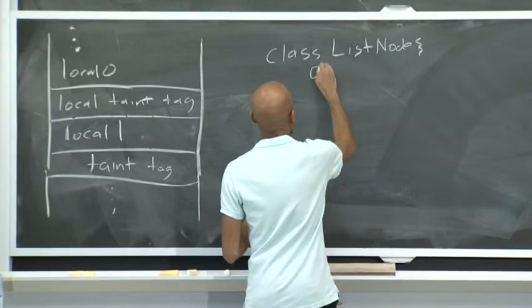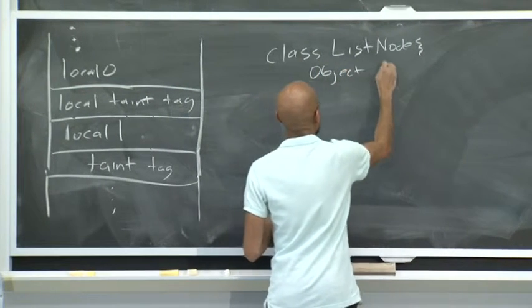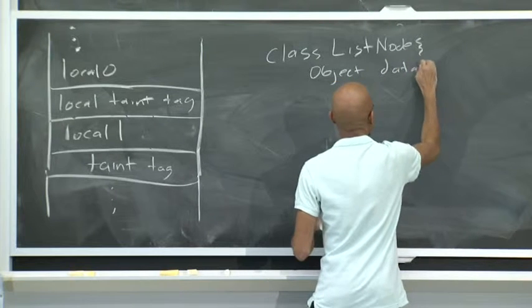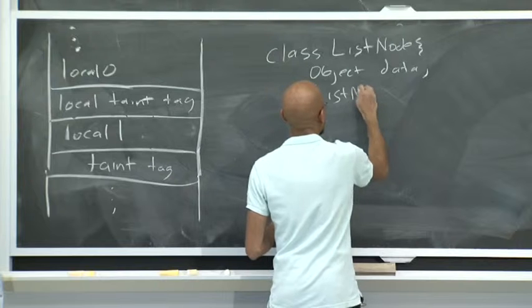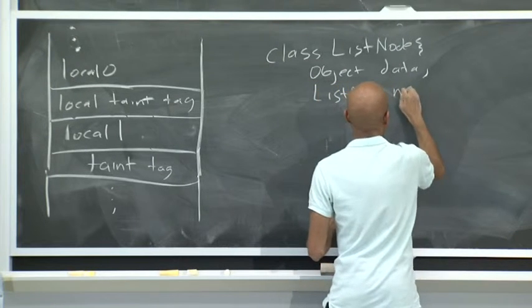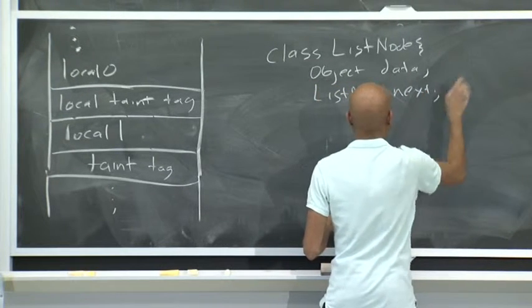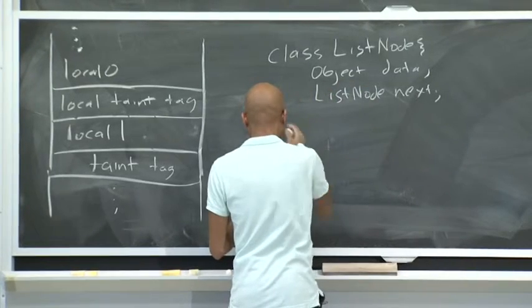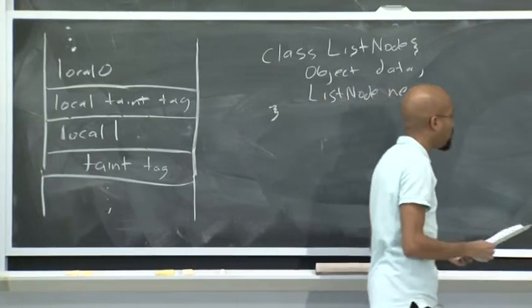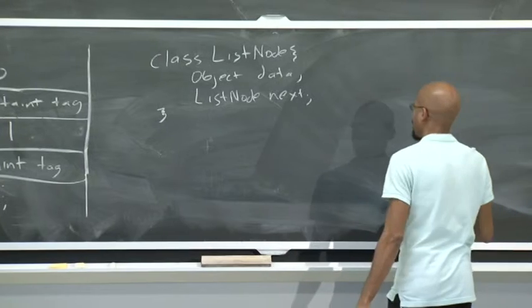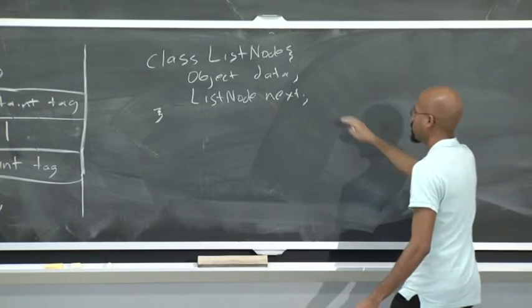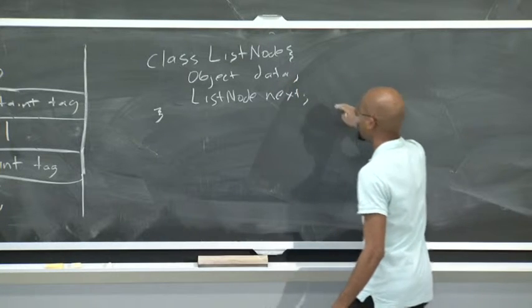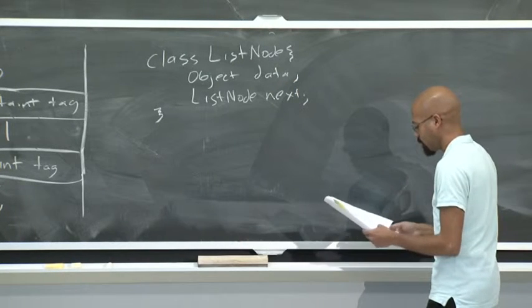Maybe it's going to have an object field for data, and then a list node object, which represents the next thing in the linked list. So suppose that the application assigns some tainted data to this field here, some sensitive data derived from the GPS or whatever.